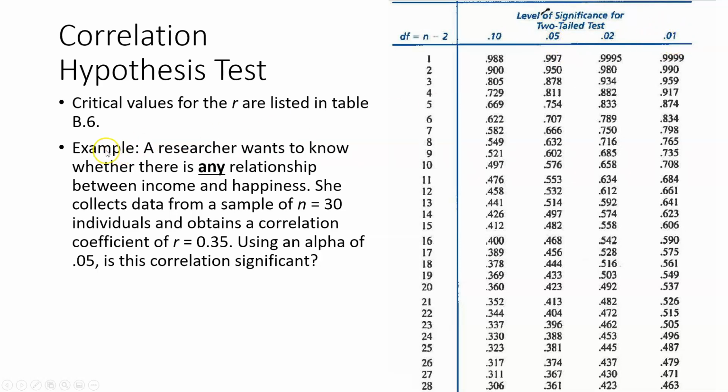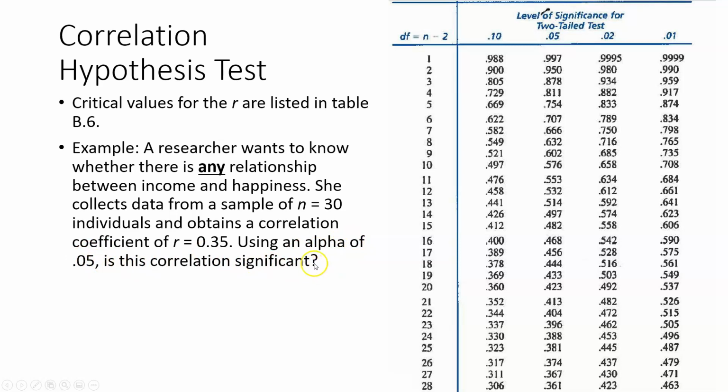So let's go through an example. A researcher wants to know whether there is any relationship between income and happiness. She collects data from a sample of 30 people and obtains a correlation coefficient of R equals 0.35. Using an alpha of 0.05, is this correlation significant?